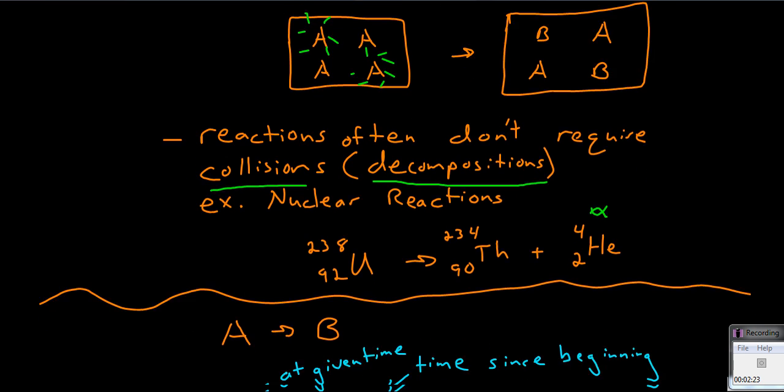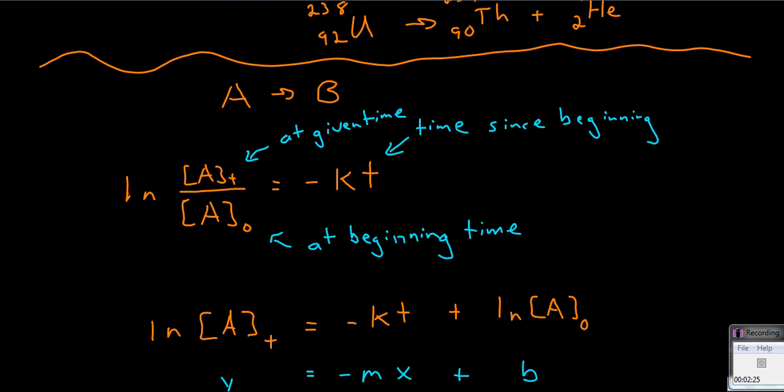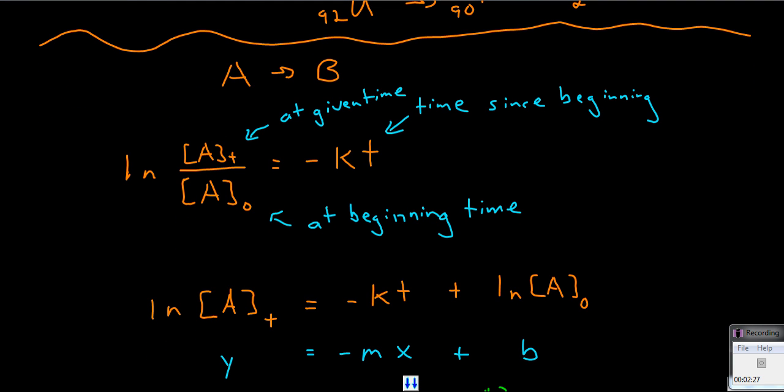And so we can derive the following equation about first-order reactions, where we have in brackets the concentration of A at a given time, t, and also the concentration of A at some initial time, A0, also sometimes known as Ai.